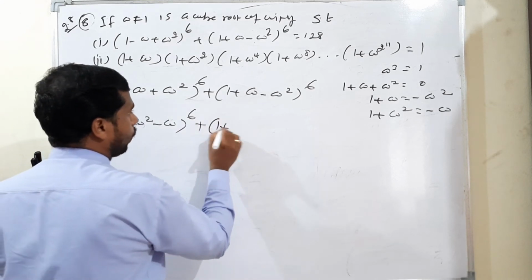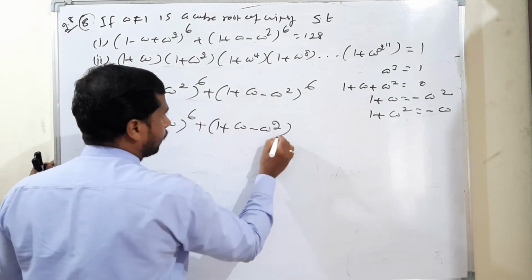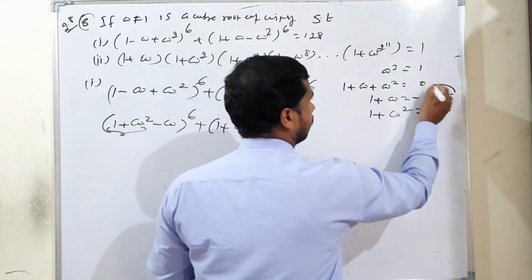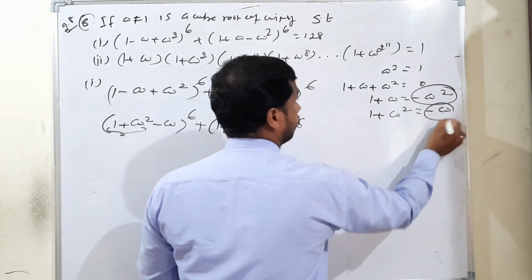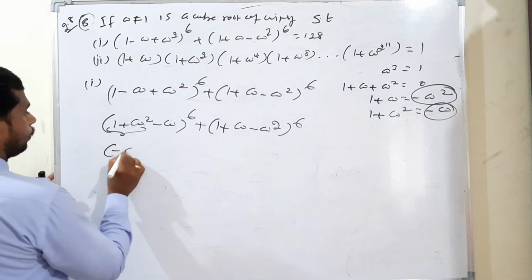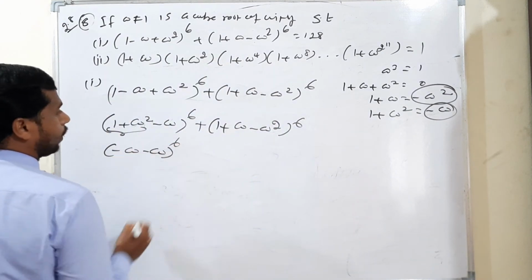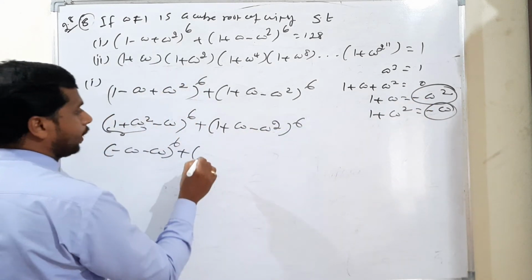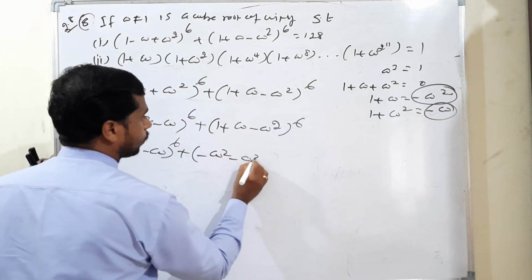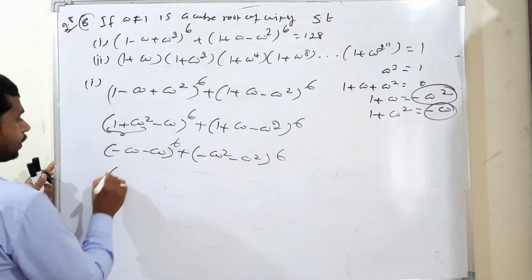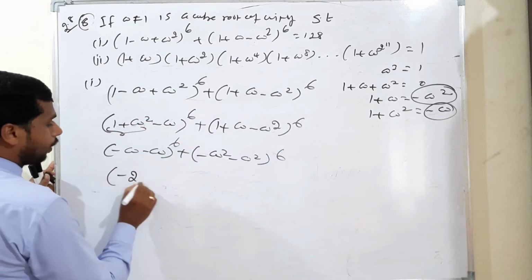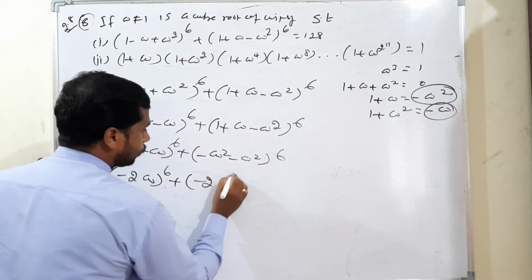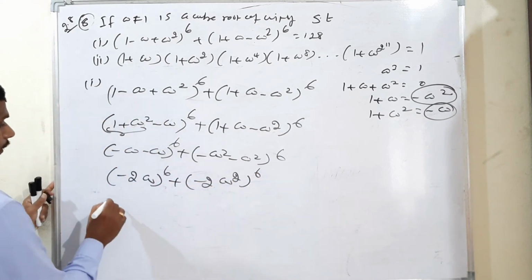Next one, (1 + ω − ω²)⁶. 1 + ω² is equal to minus ω, isn't it? So (−ω − ω)⁶. Then again 1 + ω is equal to minus ω², so (−ω² − ω²)⁶. So (−2ω)⁶ and next (−2ω²)⁶.